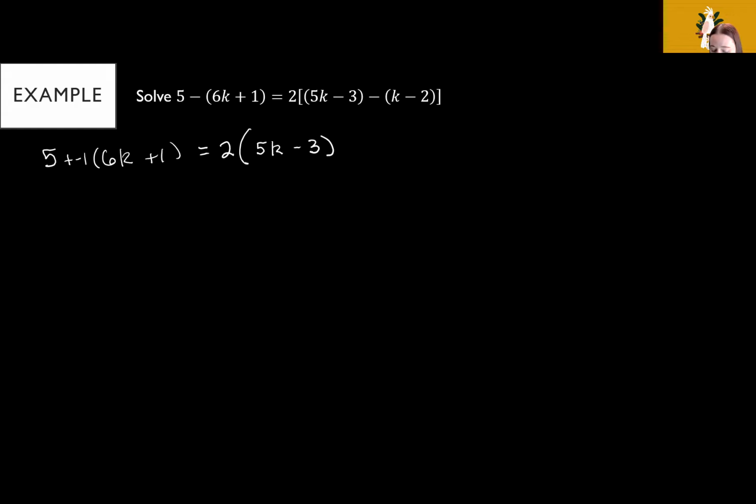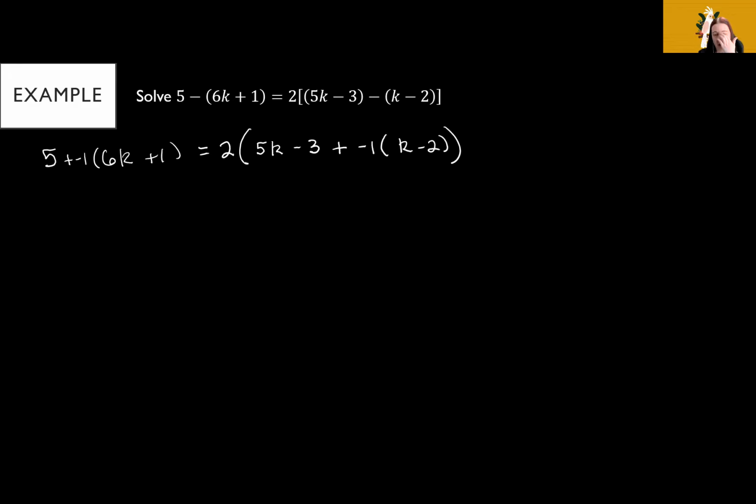You may be wondering, why were they put in there? Sometimes it makes it a bit easier to read. So that means I don't need that parenthesis. Then again, I have this minus and then parentheses. So when I see that, I change it to plus negative 1 and then parentheses k minus 2. And then I end my brackets with my bigger parentheses.